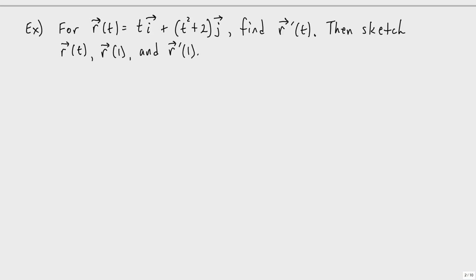So let's take a look at one. Let's say we've got r of t is equal to t times vector i plus t squared plus 2 times vector j, and we want the derivative. So r prime, well, the derivative of t is 1, so we would just have 1 times vector i. The derivative of t squared plus 2 is just 2t.